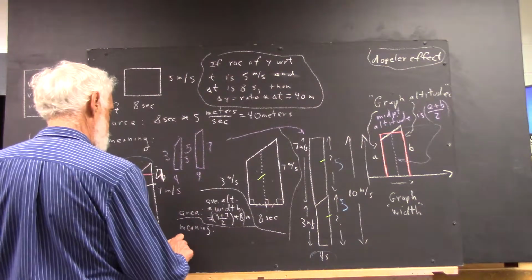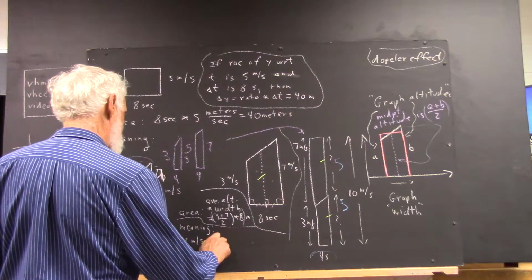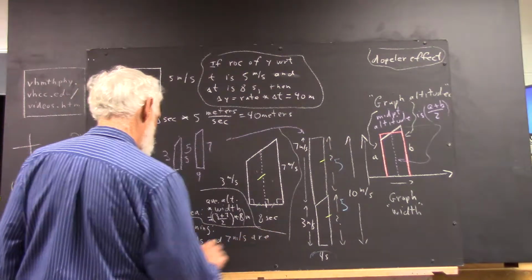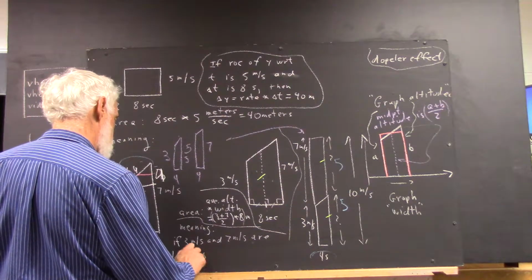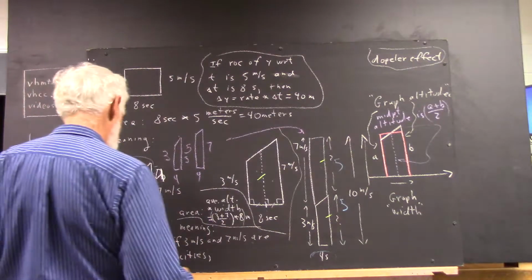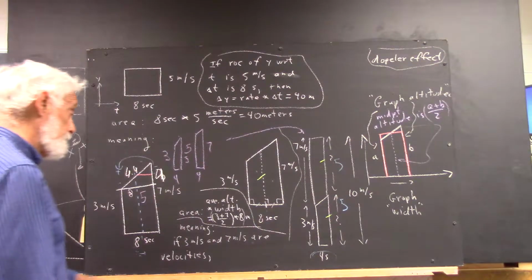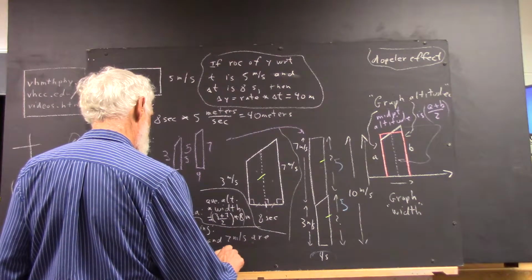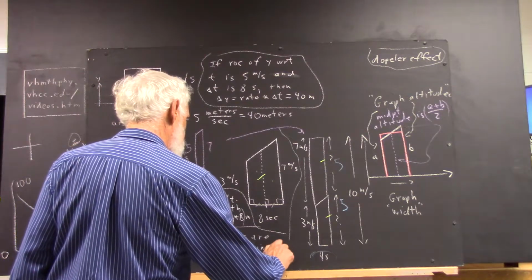Well, 3 meters per second and 7 meters per second are velocities. And I'm just going to say that the velocity is changing linearly.